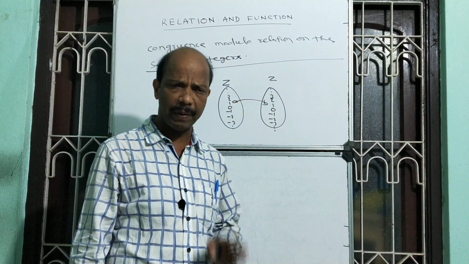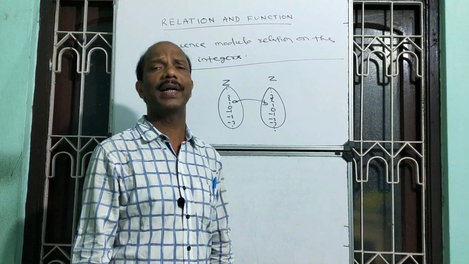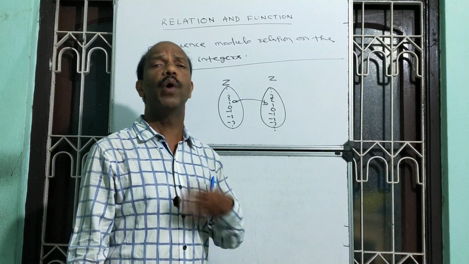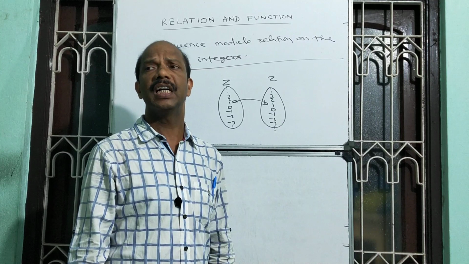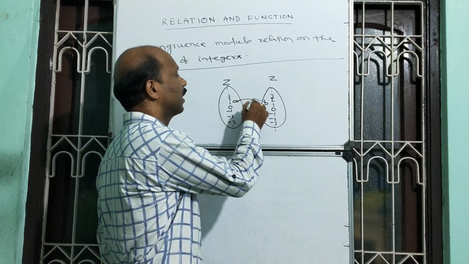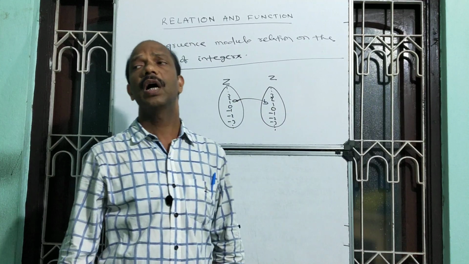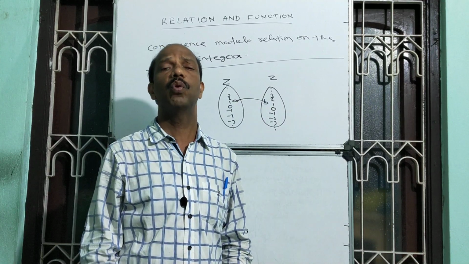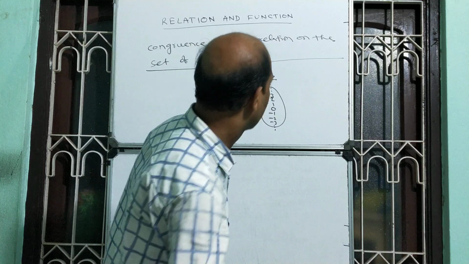So first we have to know what it means when we say an integer A is congruent to an integer B with a modulo n.